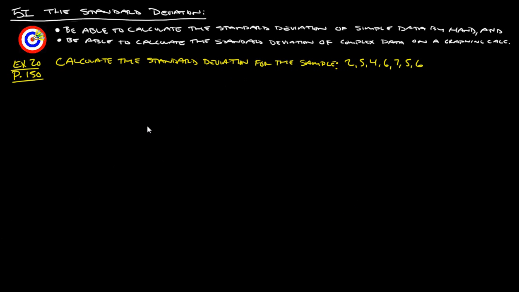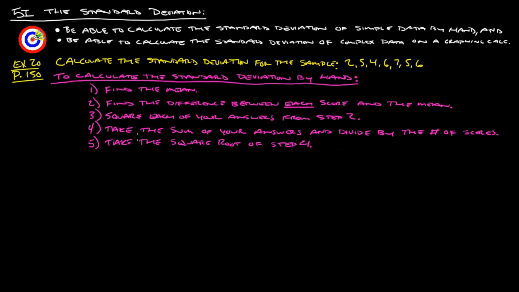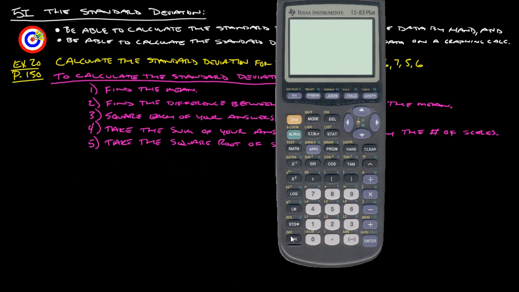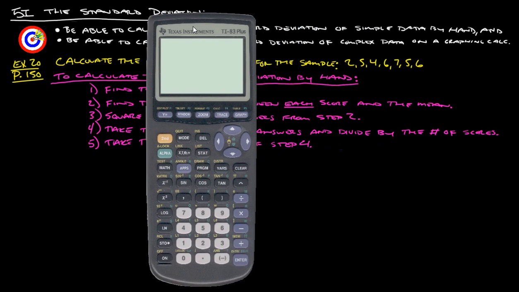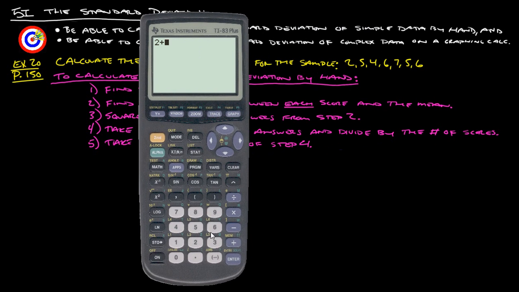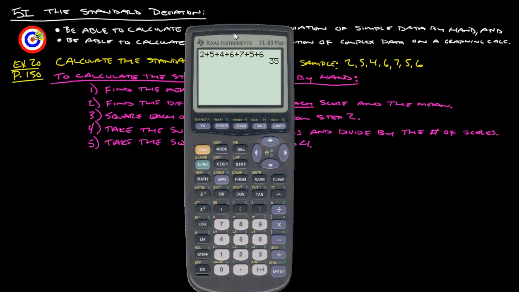Here's the steps again from the previous page. So let's do this piece by piece. First thing we're going to do is find the mean. So we're going to add all these up: 2 plus 5 plus 4 plus 6 plus 7 plus 5 plus 6 gives us 35.